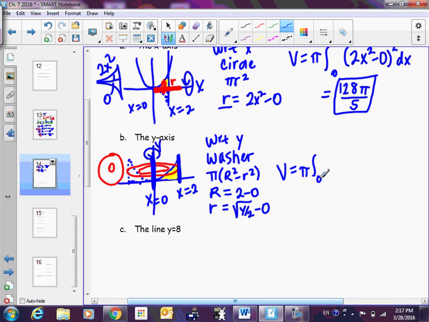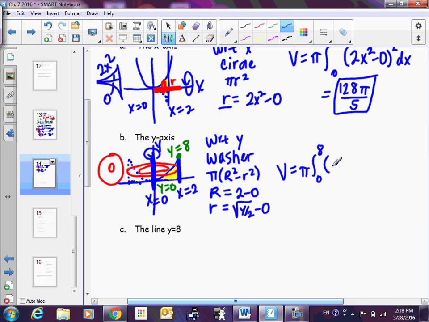What are they? 0 to... So in this figure, what are my y values? Y equals 0 to y equals, goes all the way up to y equals 8. How do you figure that out? Yep, plug in 2 to that, y equals 2x squared.